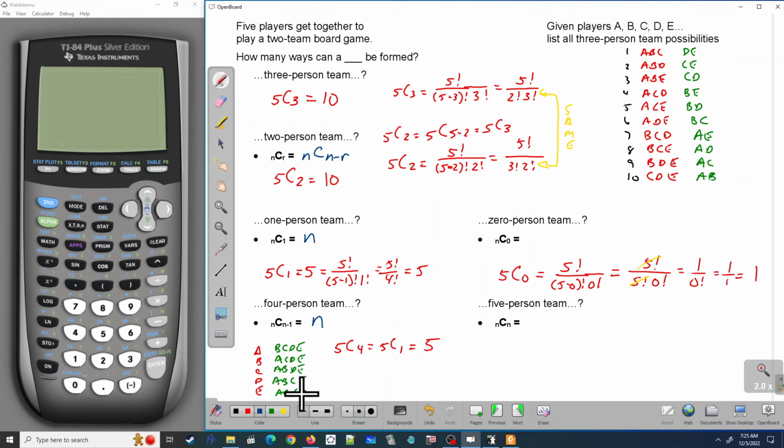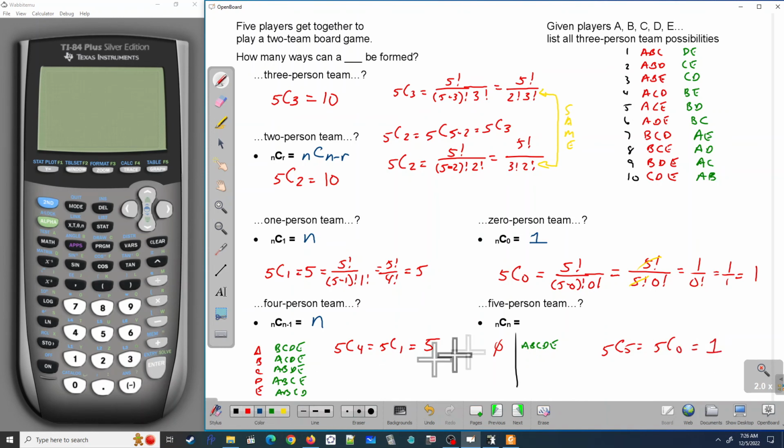And so once again, if you do not select anybody from the group, be it permutation or combination, there is one way of doing that. And so literally if I don't select anybody and I have the null set over here, then my other team will be a cooperative A, B, C, D, E team. And so 5C5 is the same as 5C0, which is 1.